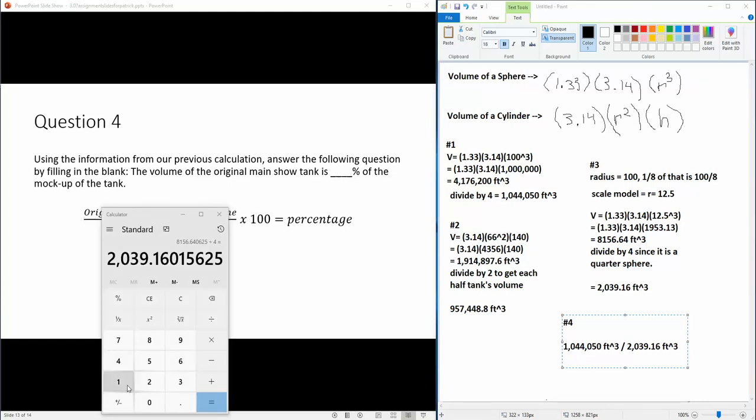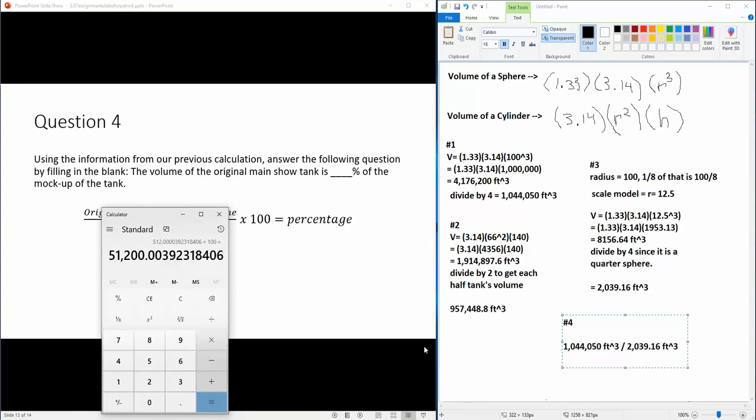So I brought up the calculator here. We've got 1,044,050 divided by 2,039.16. This gets us 512. It is not 512 percent. You have to actually multiply this number by 100.